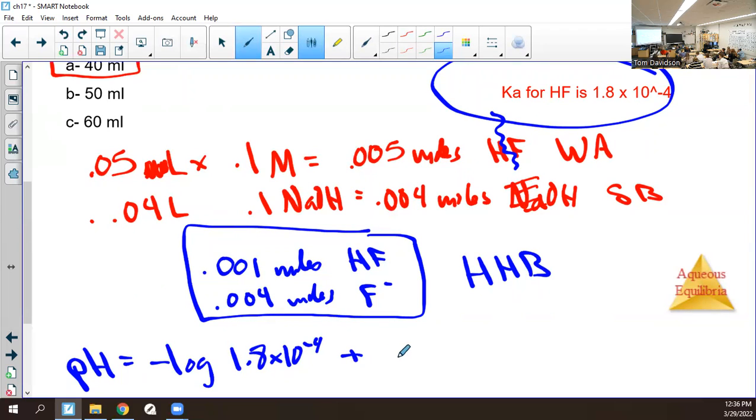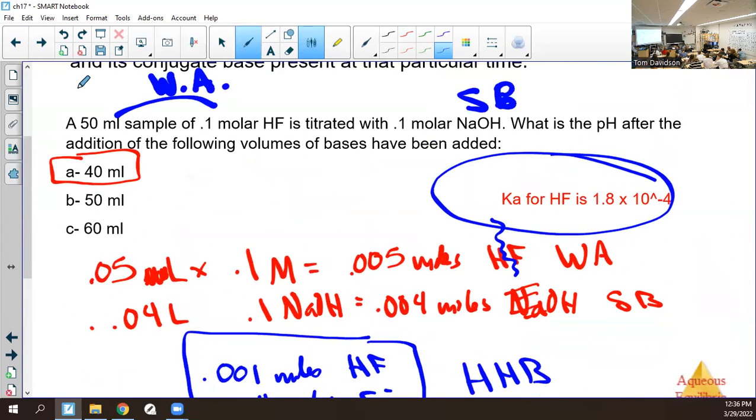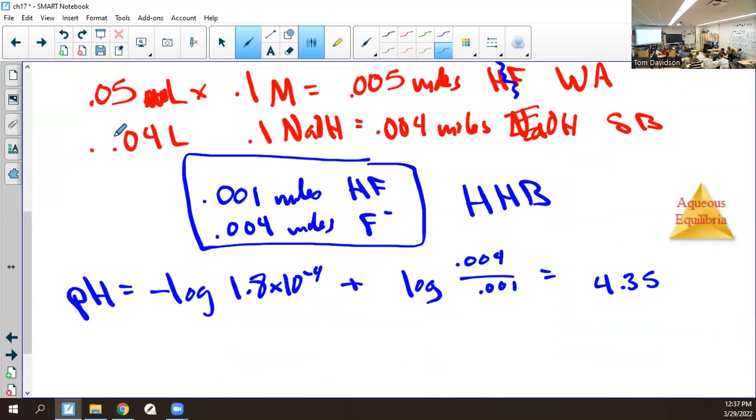So base over acid. The answer is 4.35. This is a problem I typed. Technically there'd only be one significant figure, but the AP test won't do that to you. They'll give you 3 or 4.